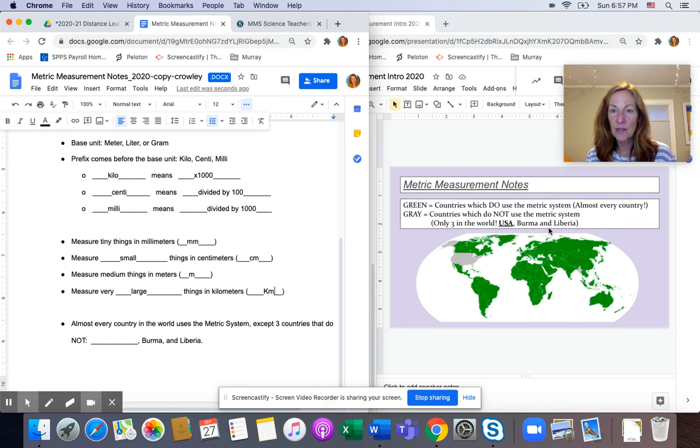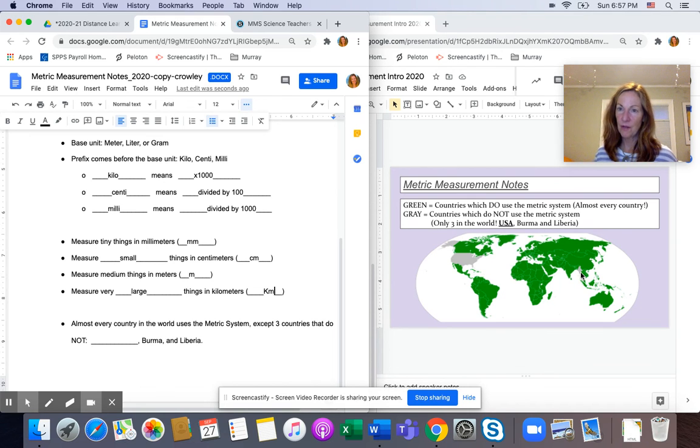So everything in green uses the metric system, except for 3 countries. Here, United States and Alaska, right? That's part of the United States. We do not use the metric system. Burma does not use the metric system, and Liberia does not use the metric system.